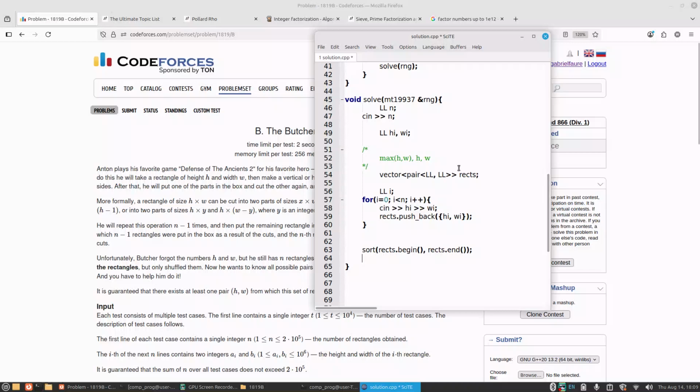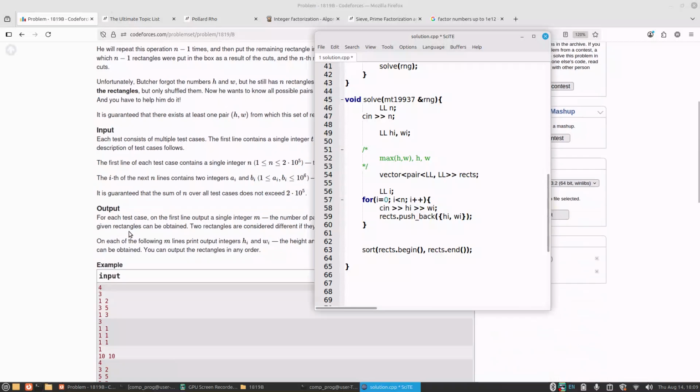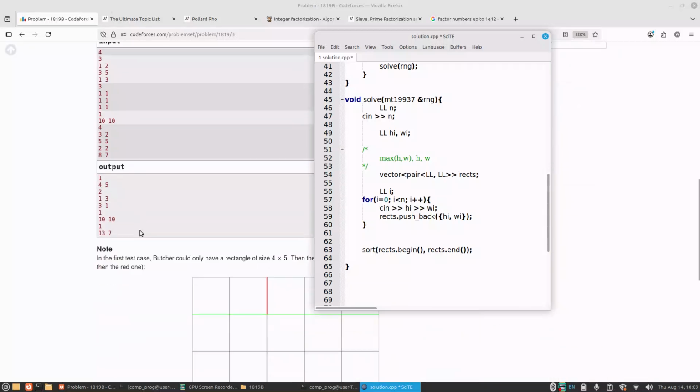Yeah, okay. Then I think we can just use that. Then we just have to determine whether it's possible and which way.